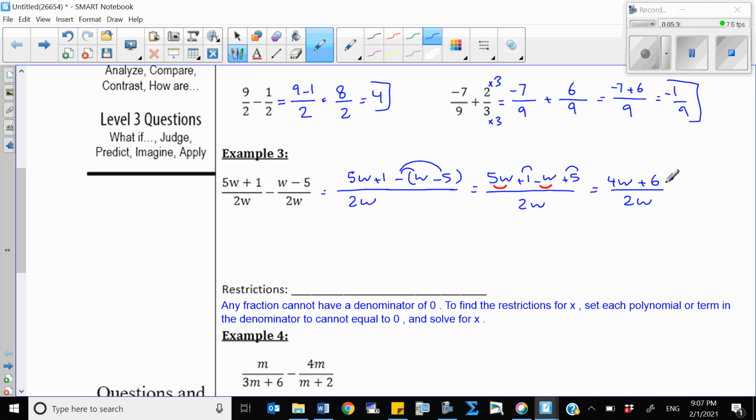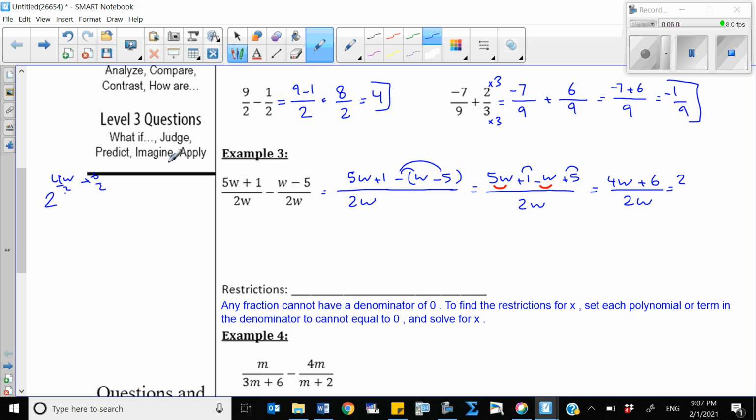The last thing that I need to do here is to simplify my fraction. So on top, we have 4w plus 6. I can factor 2 out from these two. So 2 is the common factor between 4w and 6. If I want to factor that from 4w plus 6, it's like you're dividing them by 2.